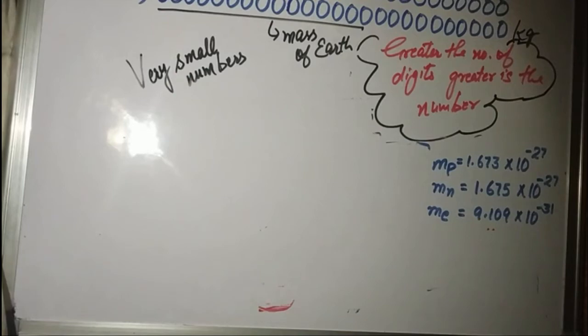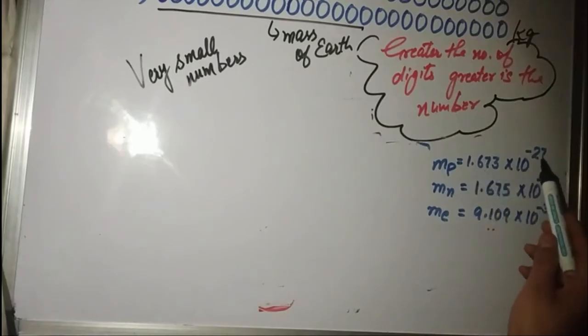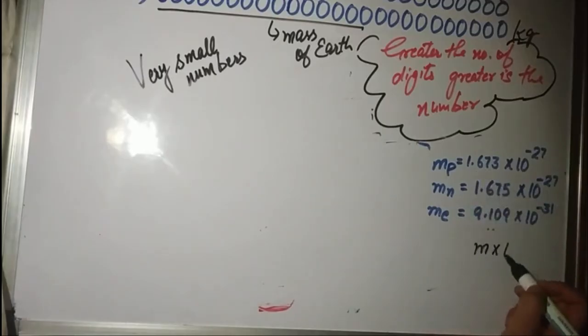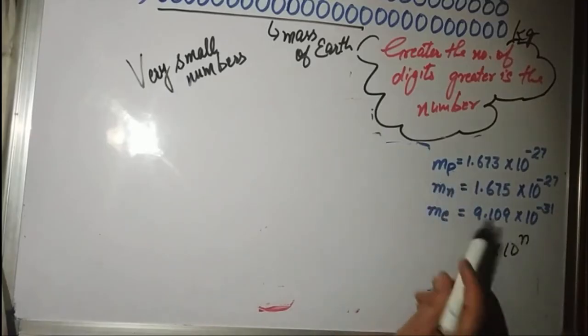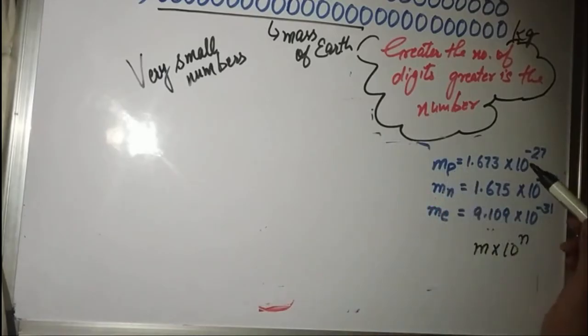They are the particles of an atom. The mass of a proton is 1.673 into 10 raised to power minus 27, and you can see they are all in m into 10 raised to power n format, where m is between 1 and 10, and n is an integer.